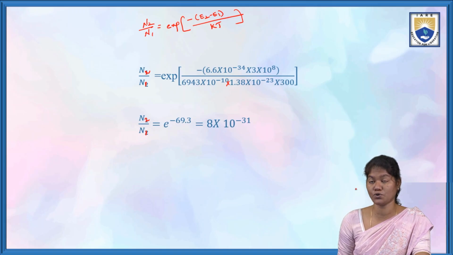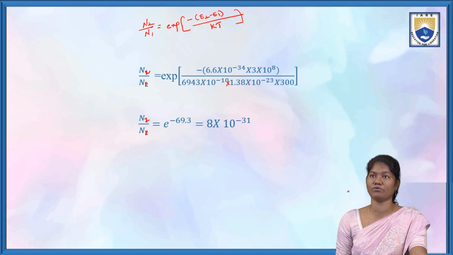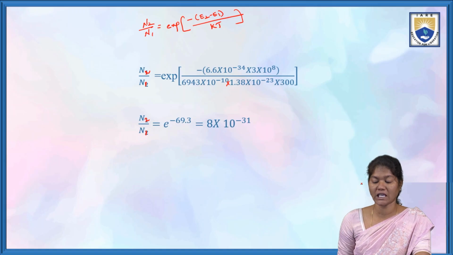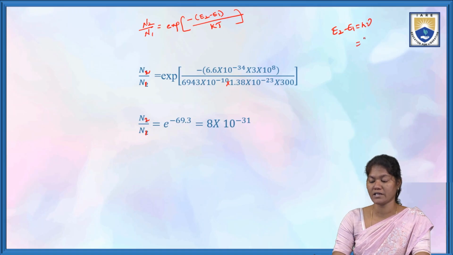This population ratio we are going to find. E2 minus E1 is equal to h nu, and as nu is equal to c by lambda, we can write hc by lambda in joules.